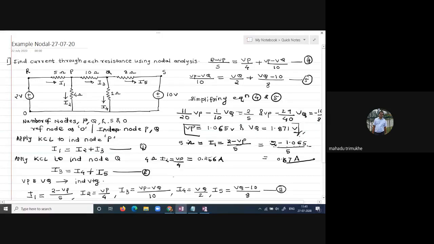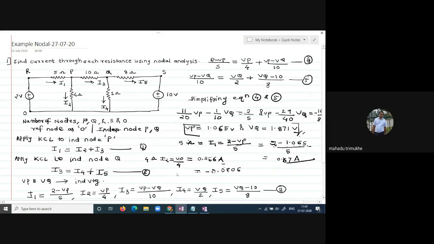You will get the value as minus 0.00806. That is the current flowing through the 10 ohm resistor.